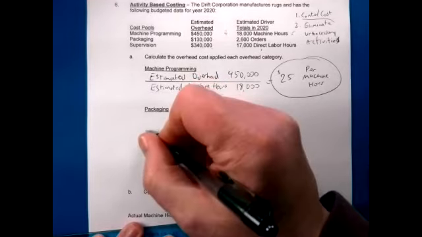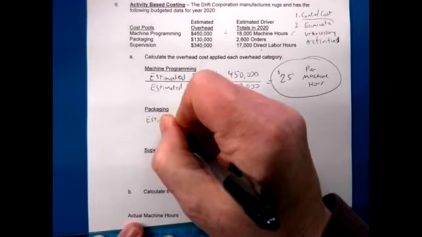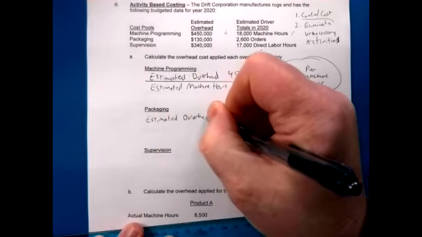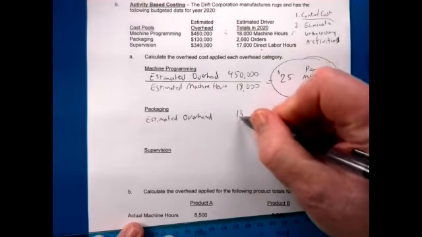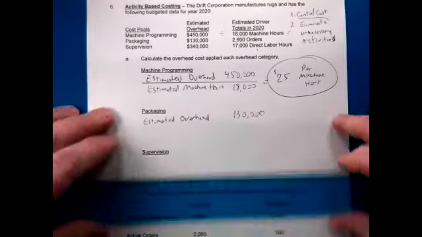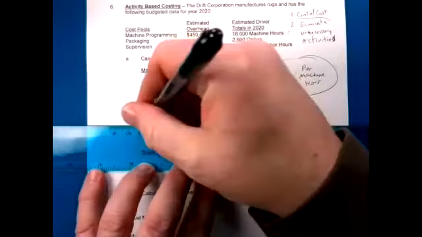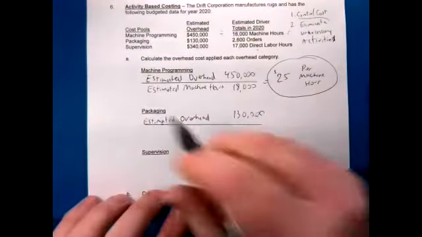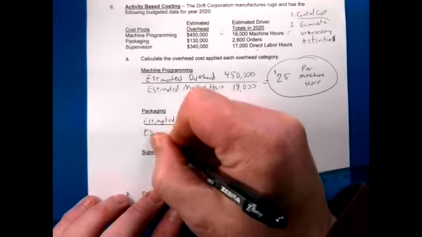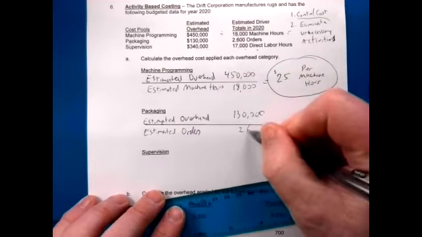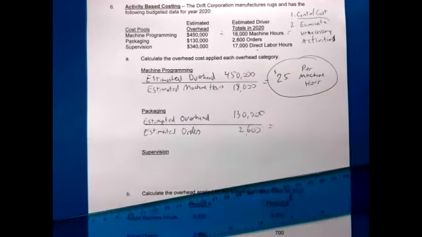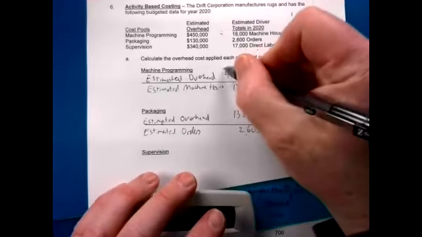For packaging, the estimated overhead is 130,000, divided by 2,600.